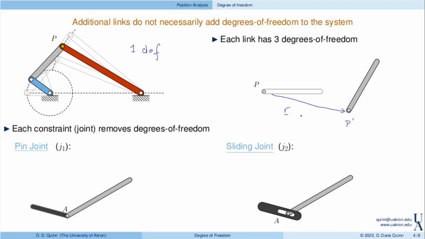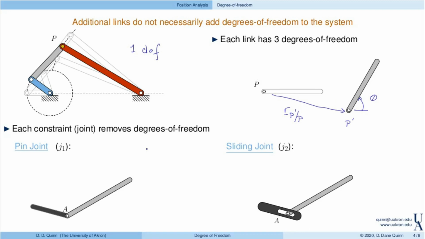That would be the displacement of P, the position of P prime with respect to the starting point. And then it could also rotate, so I might need an angle theta. Again, we'd have 2 coordinates associated with this position, or this displacement vector, and then a third coordinate associated with the rotation. So again, links in general that are unconstrained have 3 degrees of freedom.